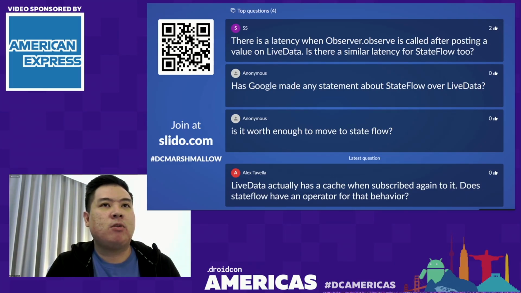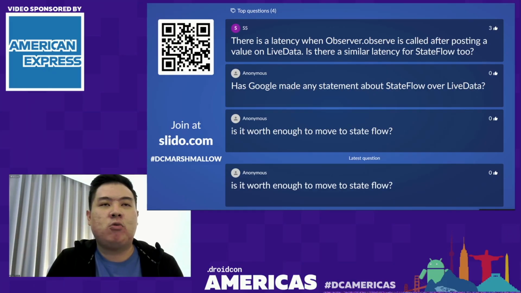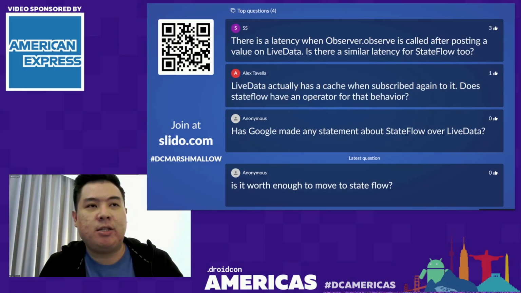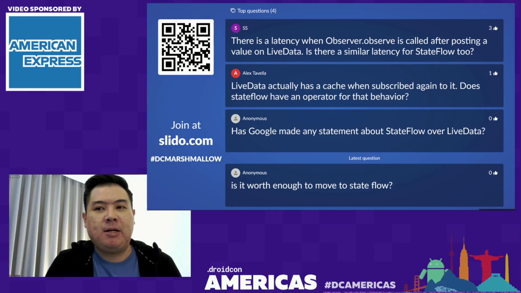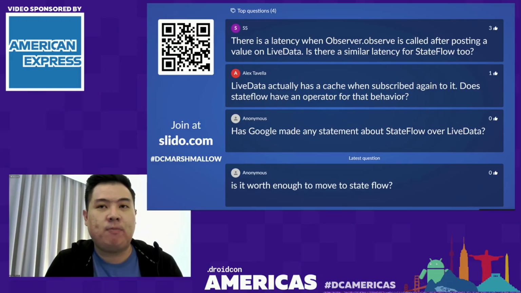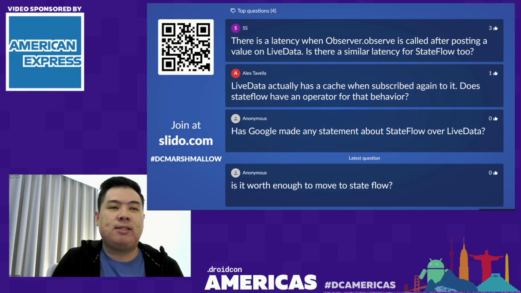For example, if we're already using live data and already using MVVM, maybe we still want to stick with live data. But if we're working on a new project and the operation is quite complex, where, for example, we need a zip function, obviously we want to use StateFlow.